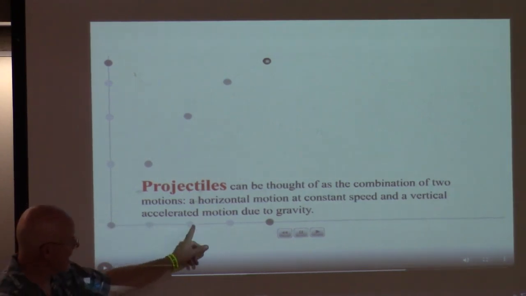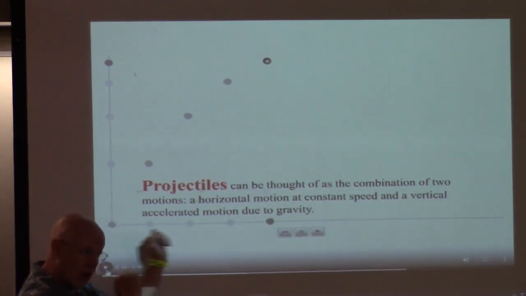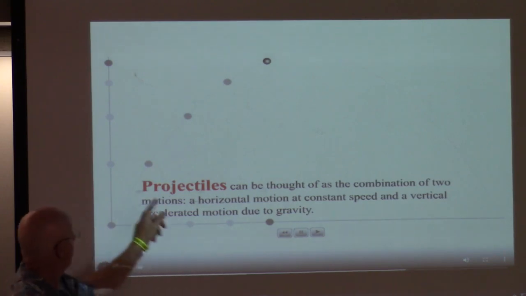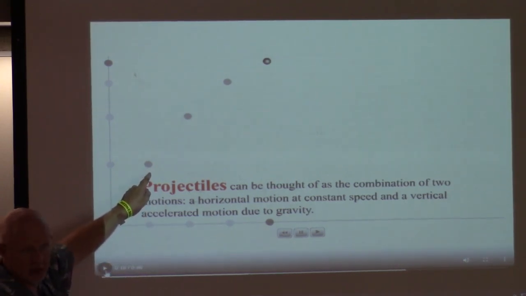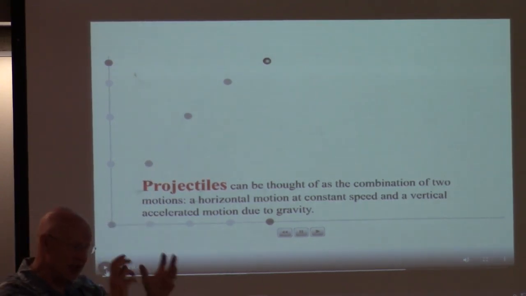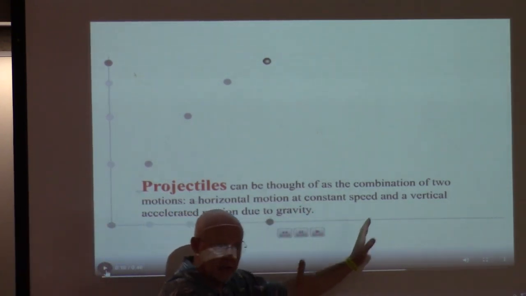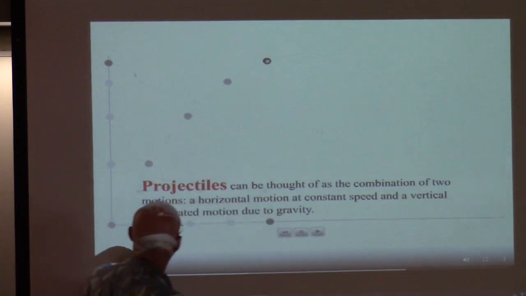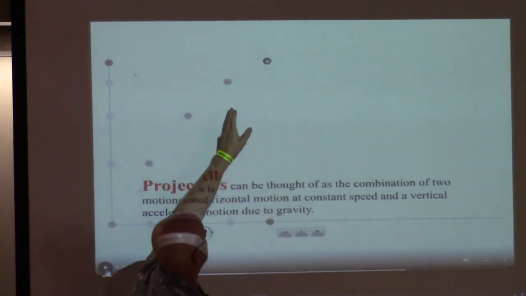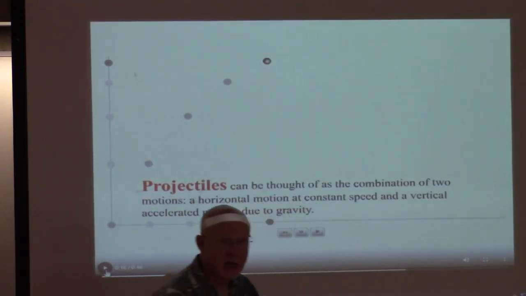But this one is the same idea. This one is given a horizontal speed, the same horizontal speed as this one. And since it has no acceleration, it just keeps going with that same horizontal speed. But notice that that's the same thing for the projectile.